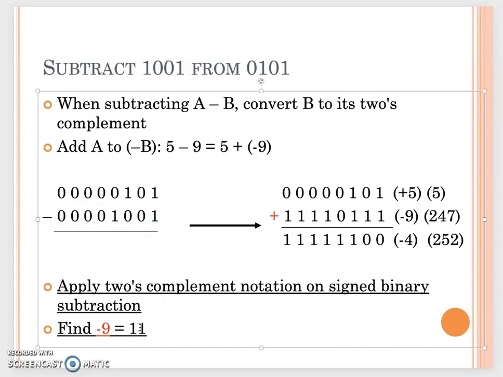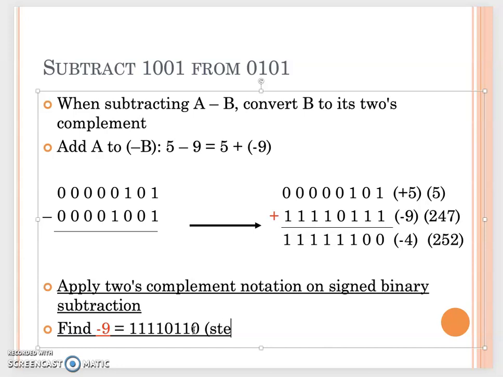So the first 4 bits become 1111. Then 1001 becomes 0110. So that's step 1.